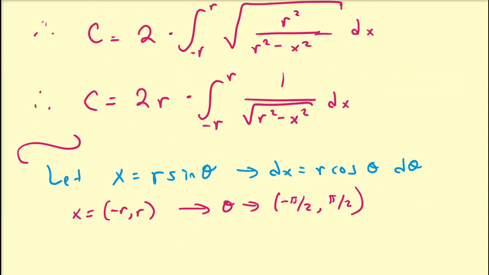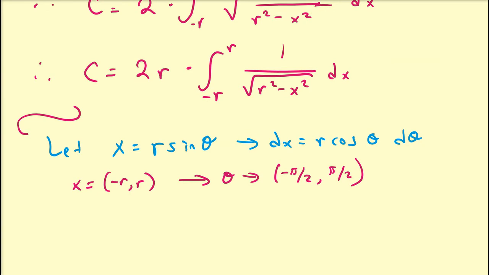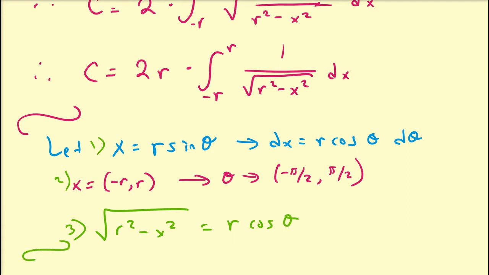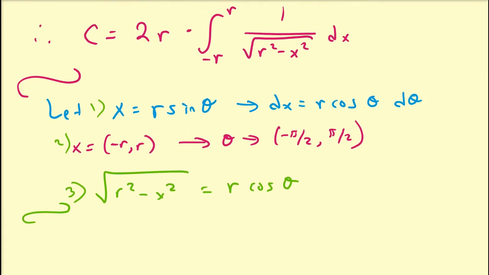And also, the square root of r squared minus x squared is going to be equal to r cosine theta. And you can work through the process to actually see that that is true. But if you're iffy on the details, check out the area proof, and we proved it there.